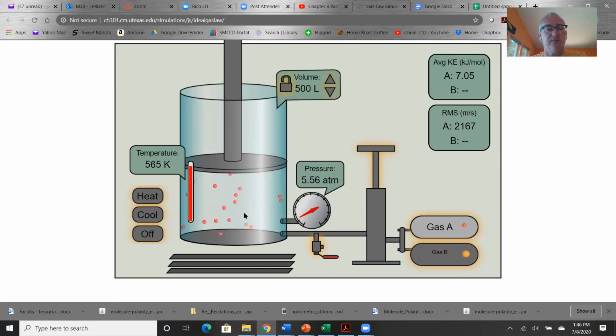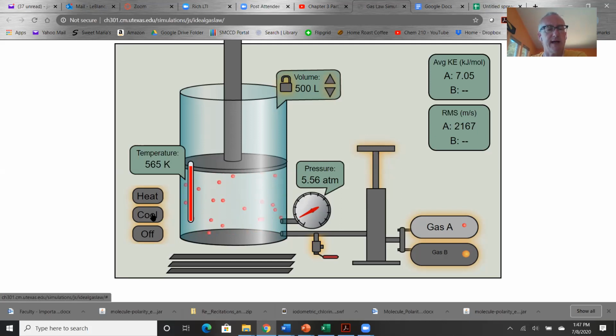You can use any temperature, whatever temperature you want. So do we keep anything locked or no? No, this one you don't. We're gonna see what happens to the volume. I think the pressure should stay the same and the volume will change.